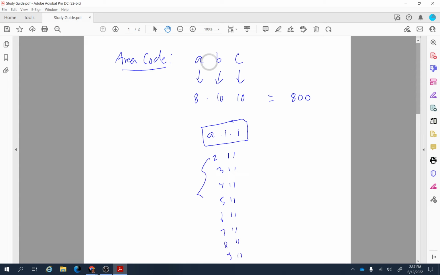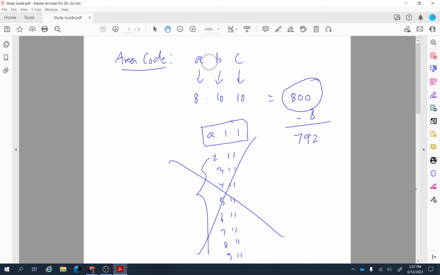So these are the 8 different options. They are also included in the 800 possibilities, but we don't want them, so we subtract that 8 from 800, and that eventually gives us 792 different options for area codes.